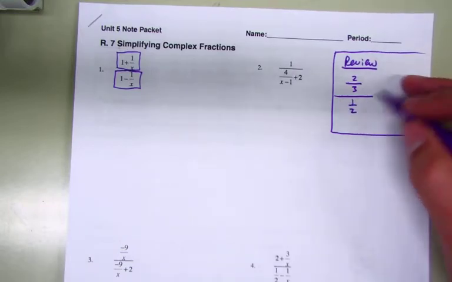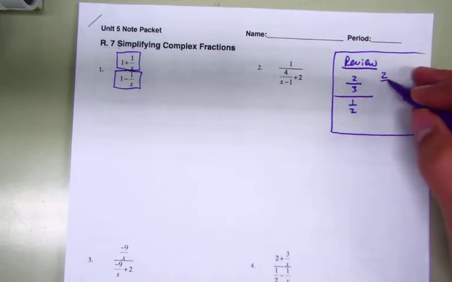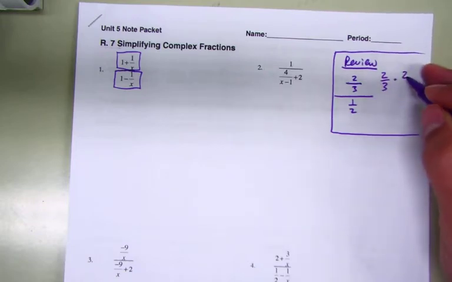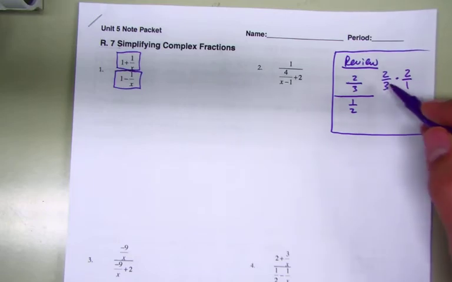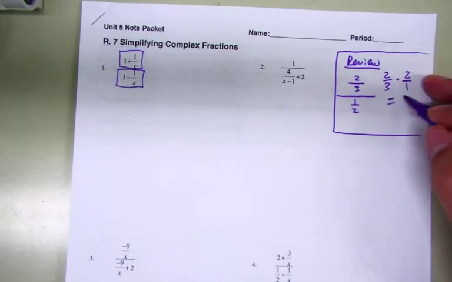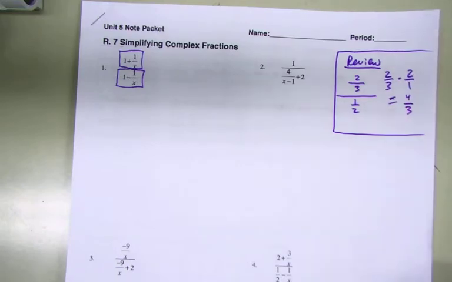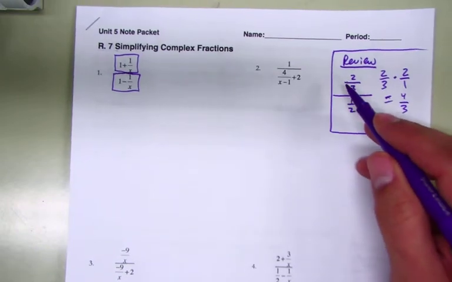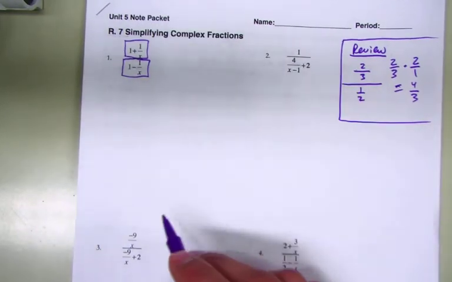What do I do instead of divide by a half? Multiply by the reciprocal. So instead of dividing, we multiply by the reciprocal, which is 2/1. And so our answer here would be 4/3. Look familiar? Okay.